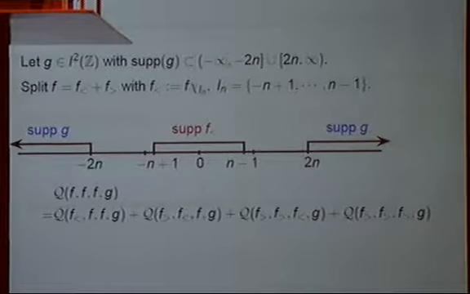And then for f big, f big, f, g, we split the third one again as f small plus f big. So we get a sum of these 4. Can you follow me? So we just use multilinearity, and it's not one step: by 3 steps you get these 4 terms.